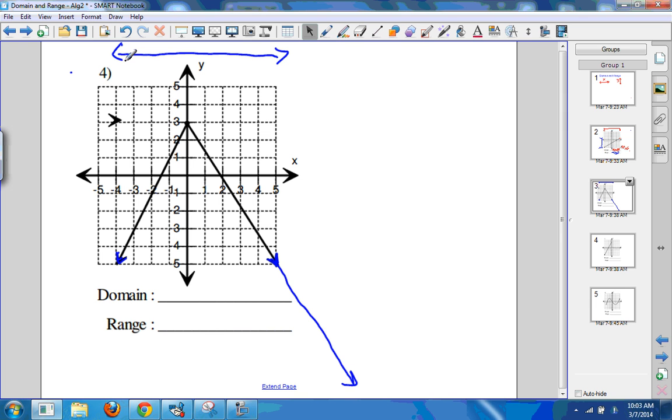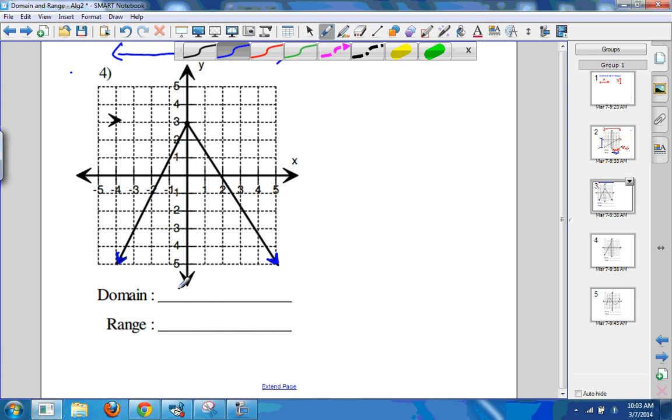All right? So there are two ways we could write this. We could say the domain, all the way to the left, the biggest negative number in the world would be -infinity. So we could say from -infinity to, and then the biggest positive number to the right would be +infinity. So it goes from -infinity to +infinity.